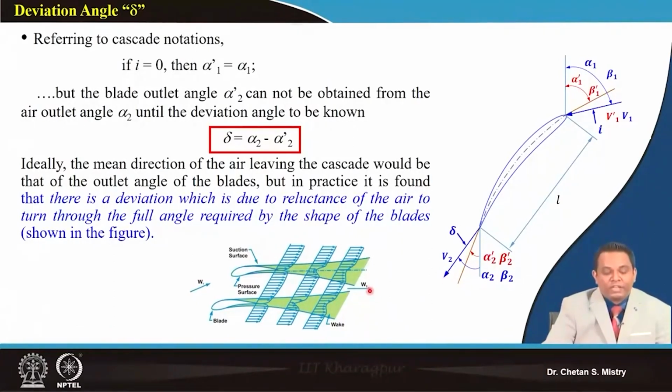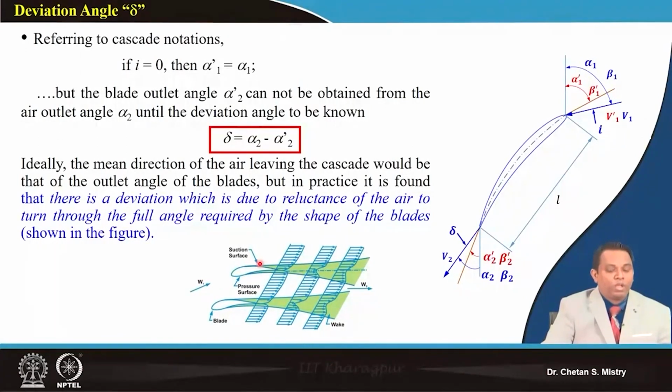The flow is reluctant to follow the shape of my blade. Here is a region where I cannot avoid such a situation, and that leads to this deviation angle by default. So deviation is prone to happen when we are talking about the aerofoil.